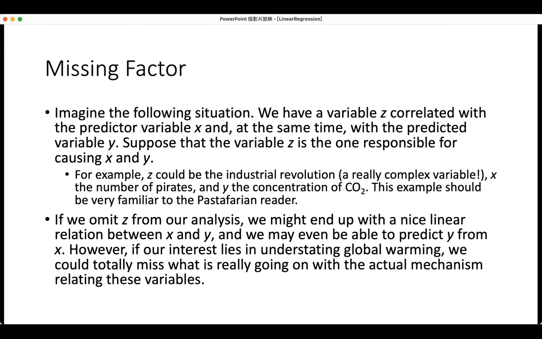Maybe there's a factor that impacts both the number of movies Nicolas Cage participates in and the number of people drowned in the water. But because we didn't consider that factor, we end up having such an interesting figure, right?